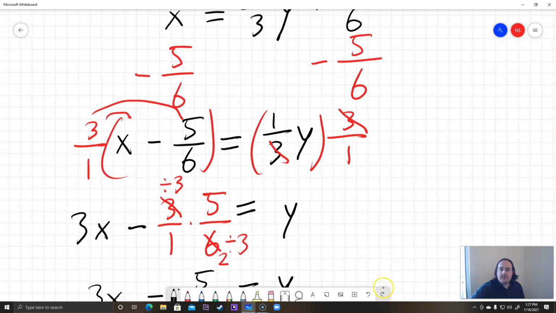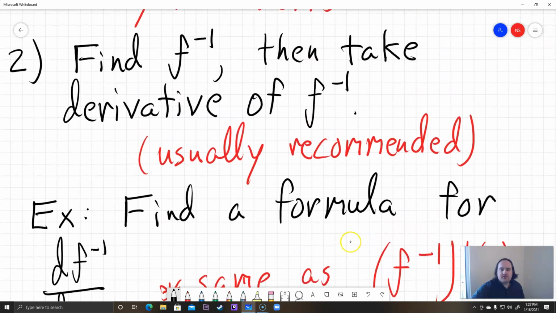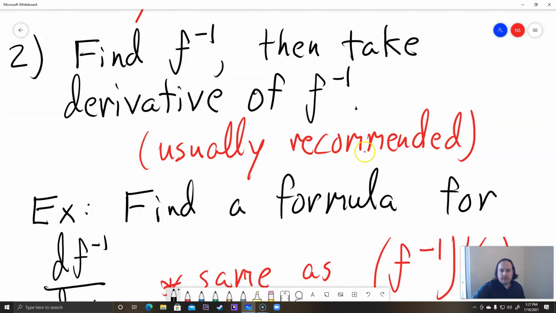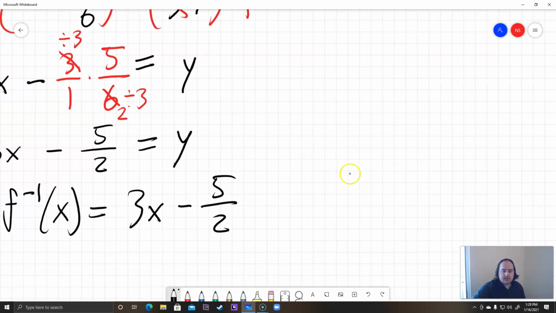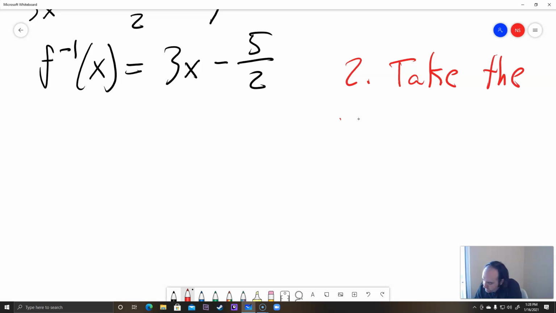Your second step, if you're using method 2, which I usually recommend, is to take the derivative of f inverse. That's what we're going to do next. So step 2 is to take the derivative of f inverse.